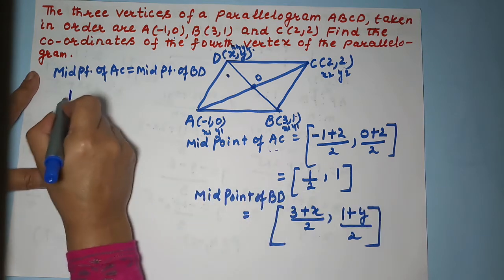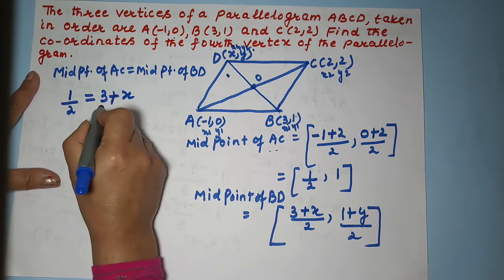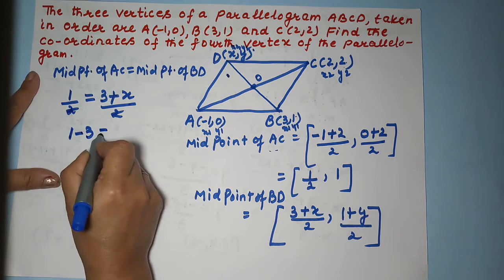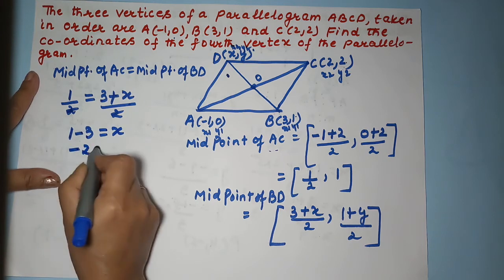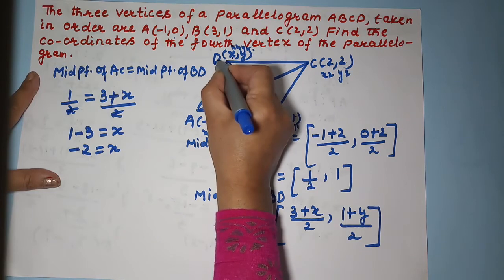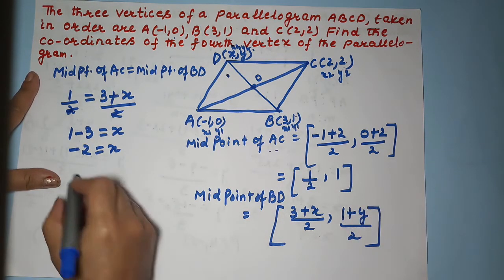So does it mean that 1 by 2 is equal to 3 plus x by 2? 2 and 2 will go. 1 minus 3 is equal to x, minus 2 equal to x. So we have calculated the x coordinate of this D vertex. Similarly, the y coordinates will also be same.